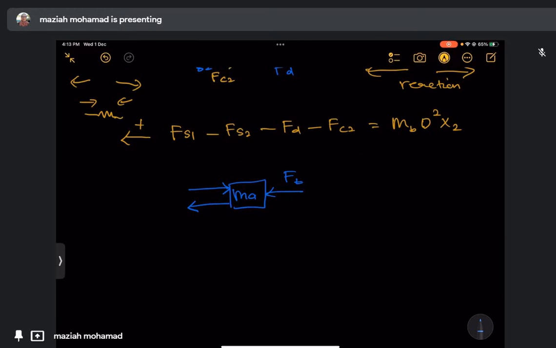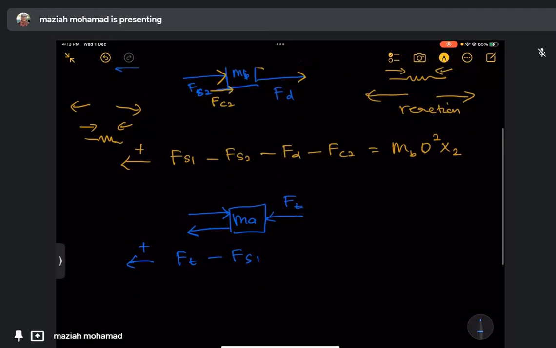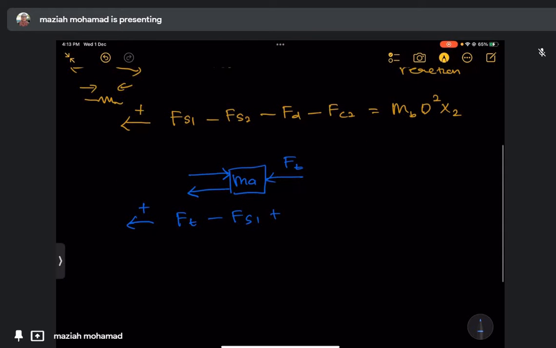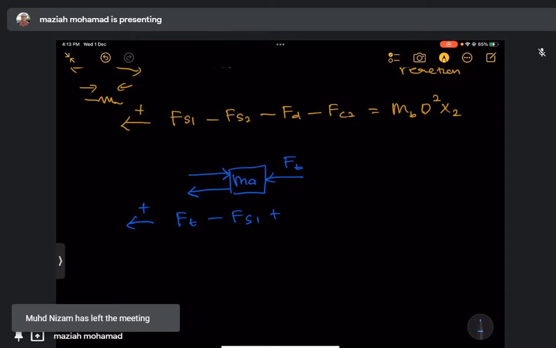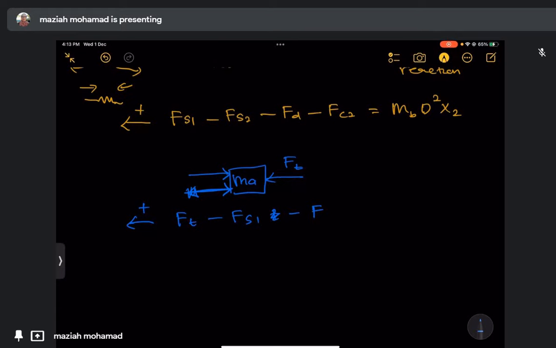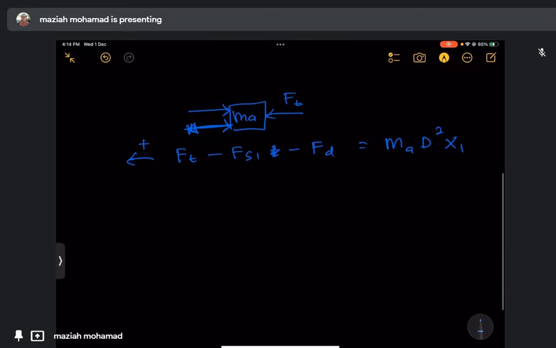All right, so again, assuming the direction is positive to the left, we have Ft minus Fs1, and then plus this one in this direction, minus Fd, equal to MA D square x1.